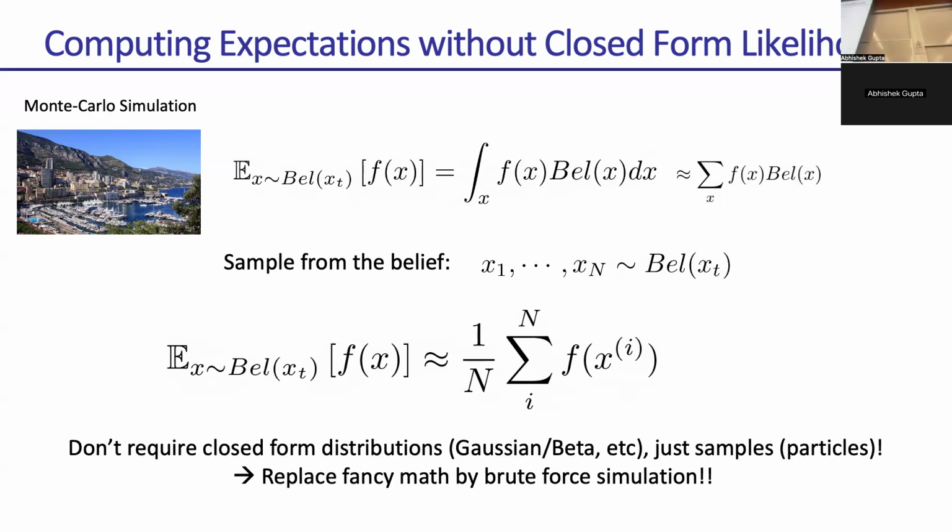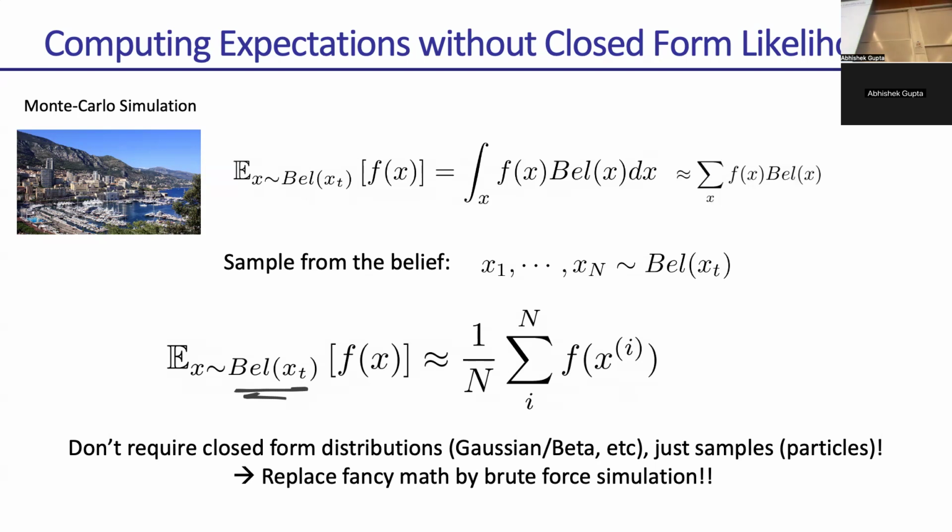So the nice thing is that if I have a belief that is just a set of particles, I can compute the expectation in a really easy way. I just need to take all my particles, evaluate f at each of those particles, and average. I don't need to actually know the likelihood. I just have a set of particles that represent belief, right? You can think of those particles as samples from belief.